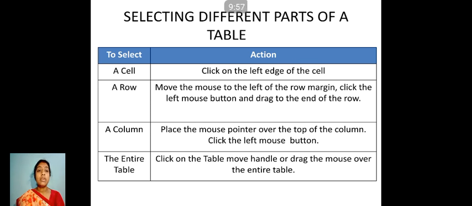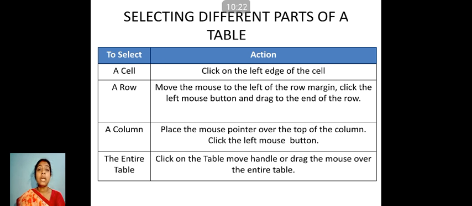A cell. To select a cell, we have to click on the left edge of the cell, the very left edge. The very important thing you have to notice is, when you move your mouse pointer to the left edge of the cell, generally the mouse pointer is a white arrow without any fill.